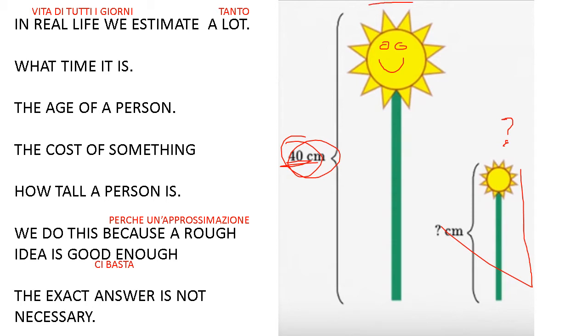So, if we look carefully, we can see that the small flower is about half the size. So, I can make a rough estimate that this smaller flower is half of 40 centimeters, which is 20 centimeters. This is not an exact answer. It is an estimate, but it's good enough.